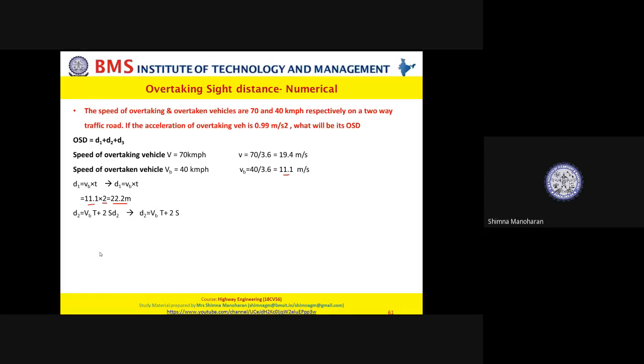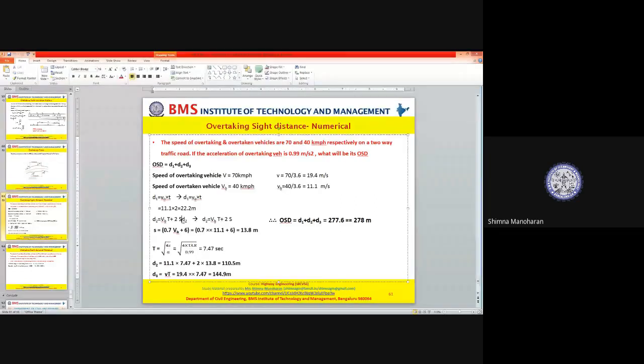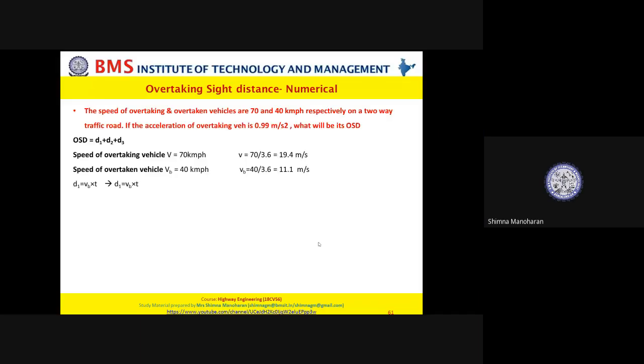So now we have to compute D2. How will you compute D2?